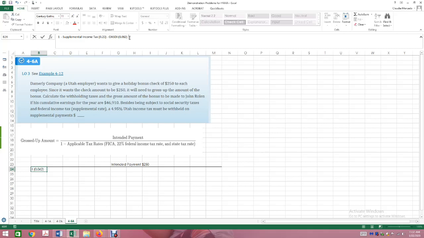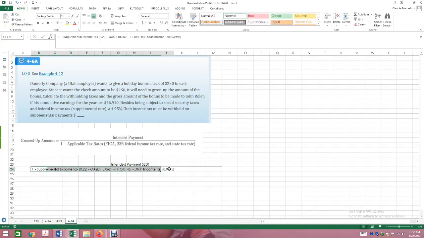I'm going to subtract my HI, which is 1.45%, which is going to be 0.0145. And I'm going to do my state income tax, Utah income tax, which is 4.95%, which will be 0.0495 right there.